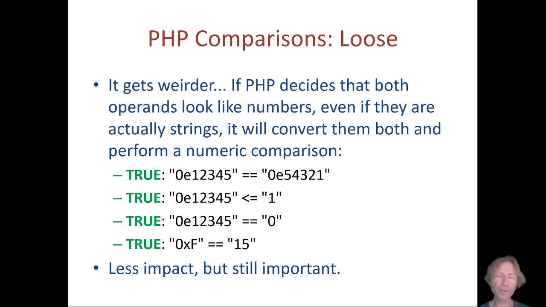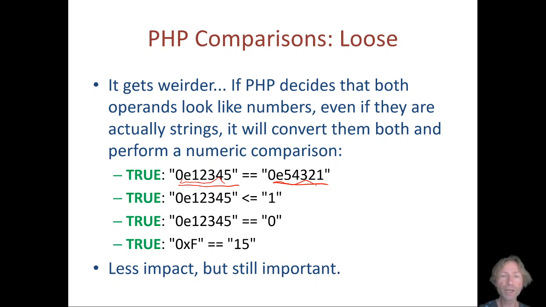But it gets weirder than that. Because if PHP thinks that the operands look like numbers, even if they're actually strings, it will convert them both and perform a numeric operation. So if you're comparing, for instance, this string to that string, it will be true, right? So it will try to interpret them as numbers.